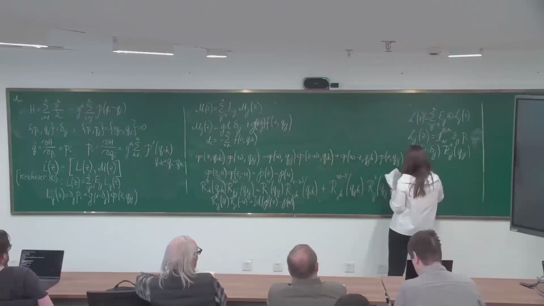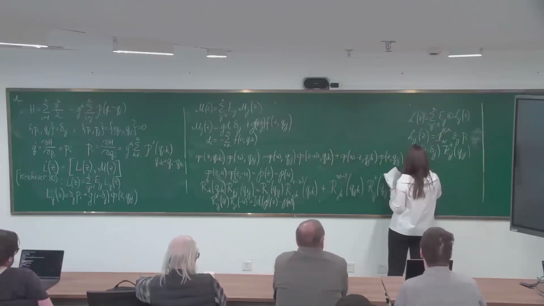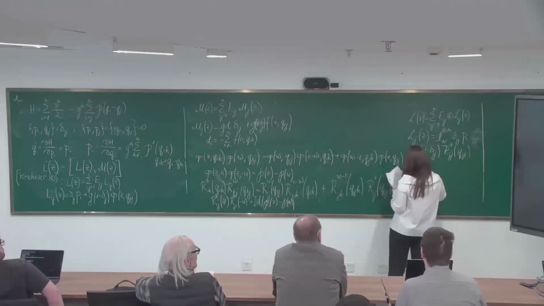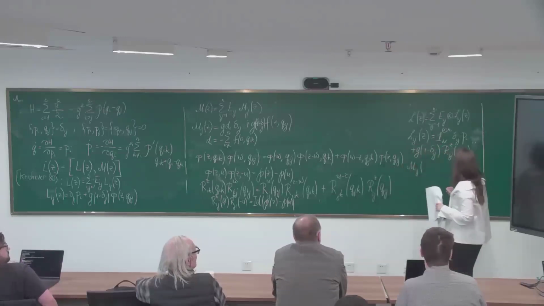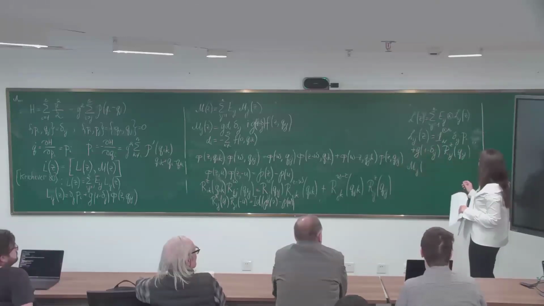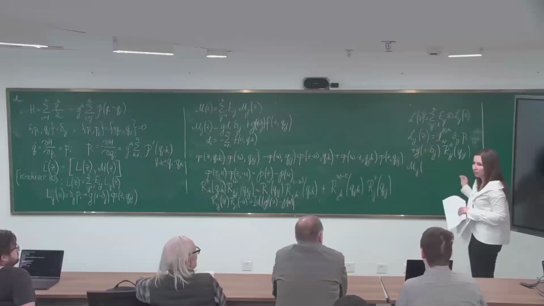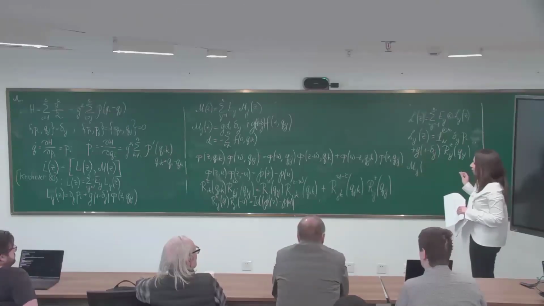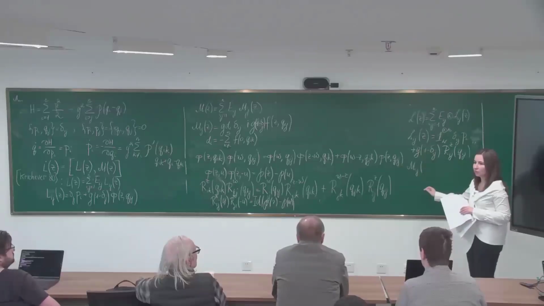And for M, the formula is similar. The L_ij are not numbers now, these are matrices, and R_ij also. This is the elliptic Baxter-Belavin R matrices.